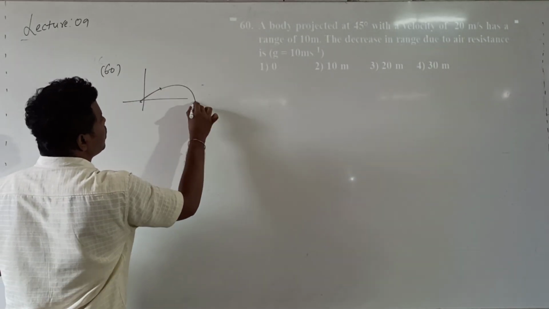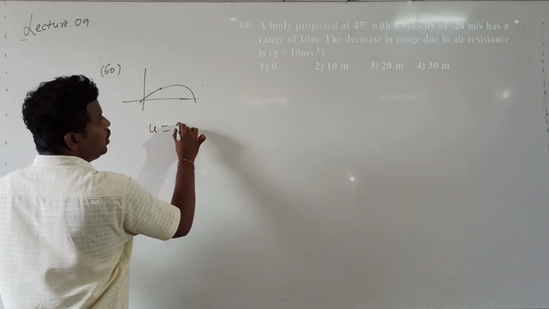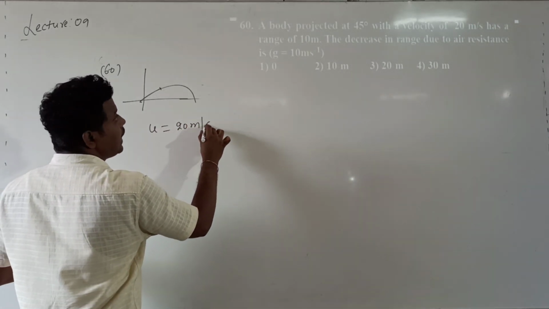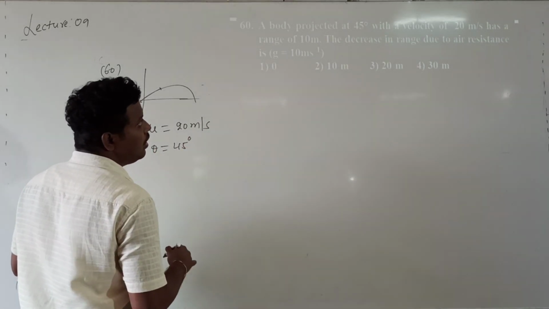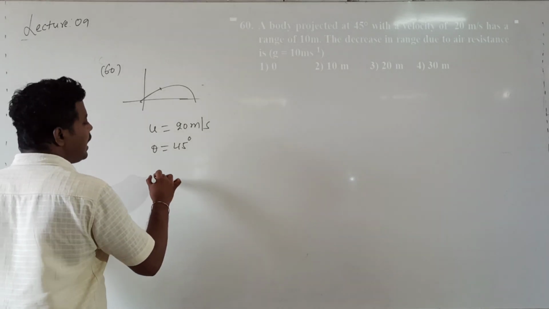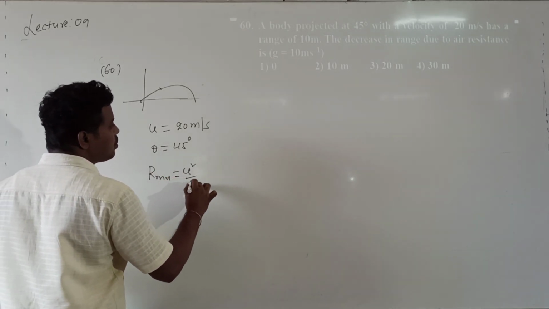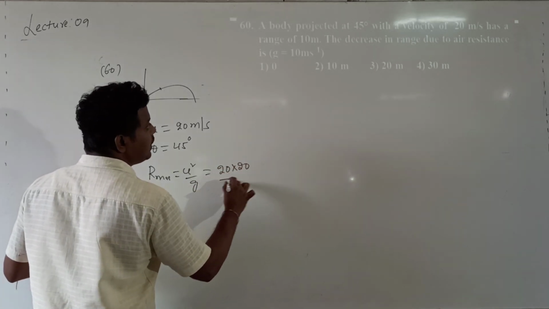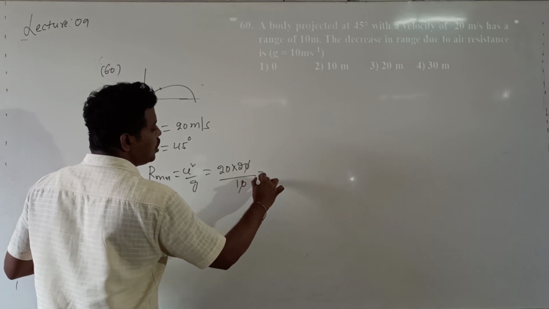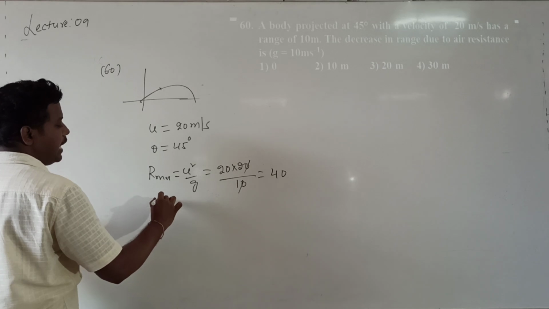Now in this, question number 60, body projected. With what velocity body projected? Body projected with the velocity u is equal to 20 meters per second, with the angle of projection theta value is equal to 45 degrees. When theta is equal to 45 degrees, R should be of max, R maximum. R maximum value given by u square by g, which is given by 20 into 20 divided by g value 10. So it should be of how much? Of 40. But how much they given? They given R value.